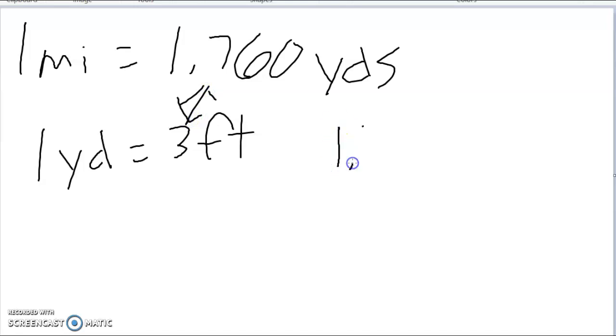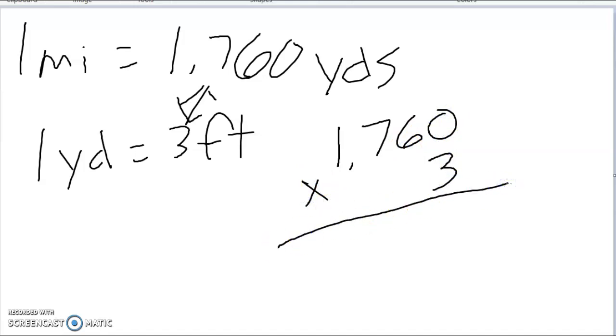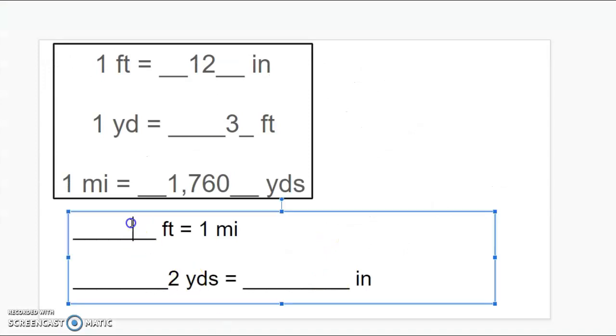So we go 1,760 times 3. 3 times 0 is 0. 3 times 6 is 18. Carry the 1. 3 times 7 is 21, plus 1 is 22. 3 times 1 is 3, plus 2 is 5. 5,280. 5,280 feet in 1 mile.